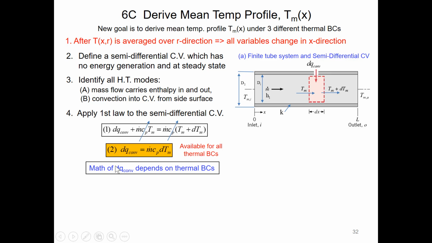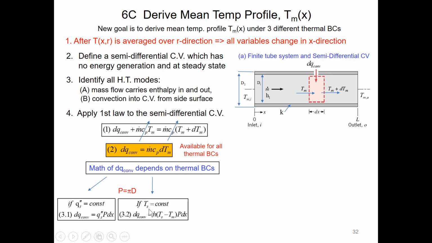However, the mathematical expression for the convection heat rate will depend upon the thermal boundary conditions. First, if the thermal boundary condition is constant heat flux, the convection rate is best represented by the heat flux times the side surface area.